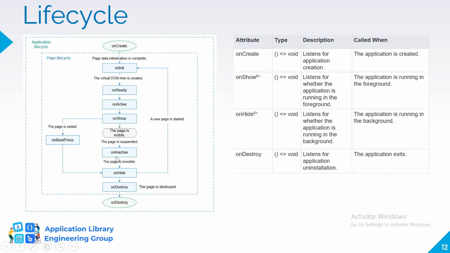And then the reverse operations. The page is suspended, so onInactive will be called, followed by the page being completely invisible, onHide, followed by the page being destroyed, when onDestroy will be called. So this is the page life cycle.